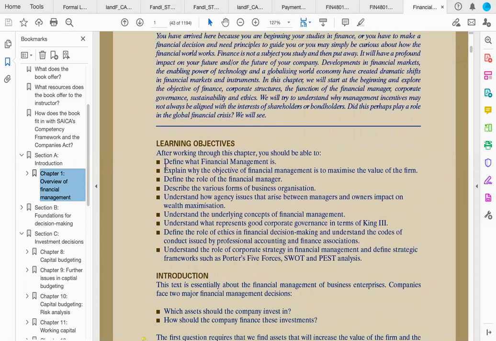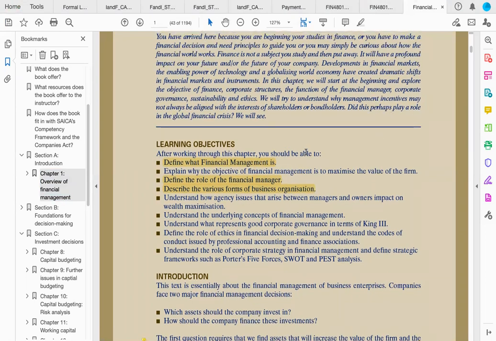Some of the concepts are covered in FIN2601, like defining what financial management is, defining the role of the financial manager, describing the various forms of business organization. These are things you will have most likely covered in your other financial management modules. It's not talked about in FIN3701, but it's talked about in FIN2601.